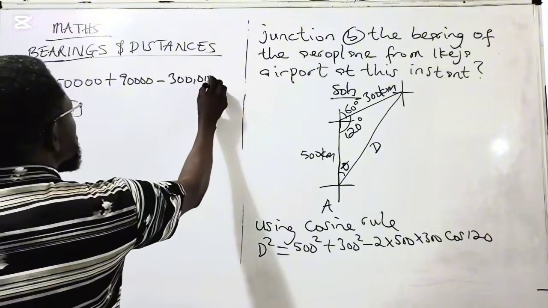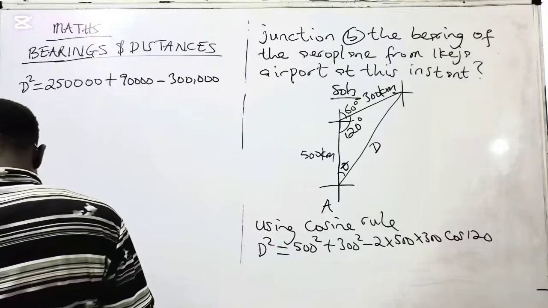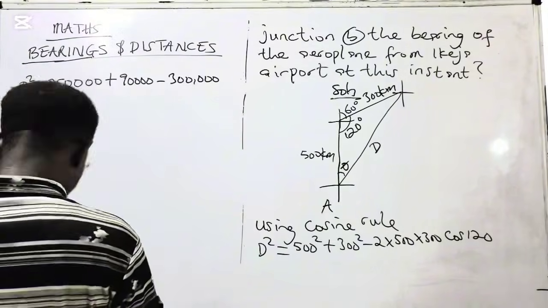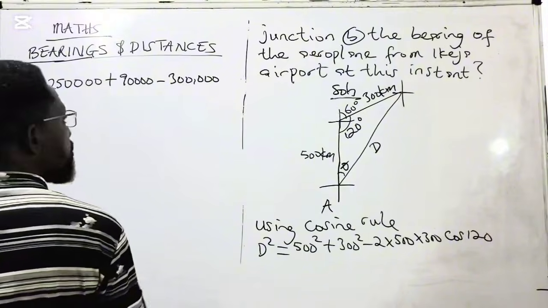This one is 300,000. We have cos 120, that's minus 0.5.